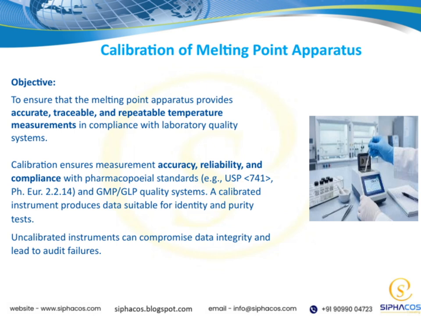It's a vital step to ensure our measurements are accurate and compliant with industry standards. Now, let's focus on the importance of calibration, specifically for the melting point apparatus. Proper calibration ensures we're consistently getting precise temperature readings, which ultimately supports the quality and reliability of our testing processes.